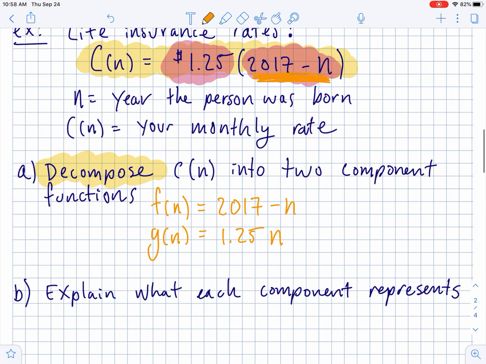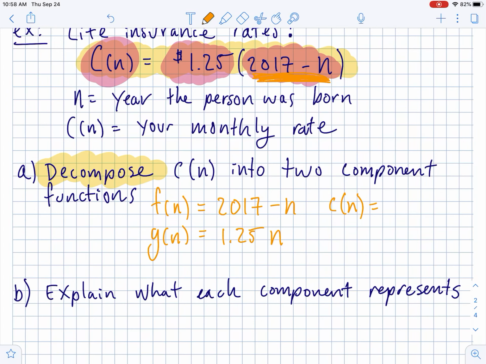So if you were to multiply these two functions together, you would get the big cost function. So I guess I could write that C of n is equal to these two functions multiplied together. No, not multiplied together, composed. C of n is f of n inside g of n.